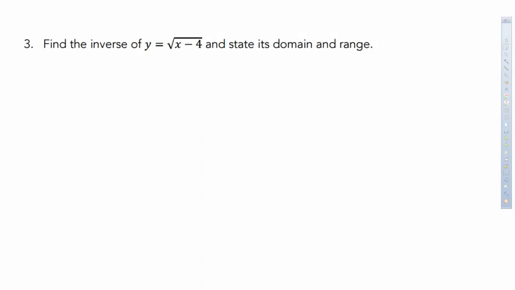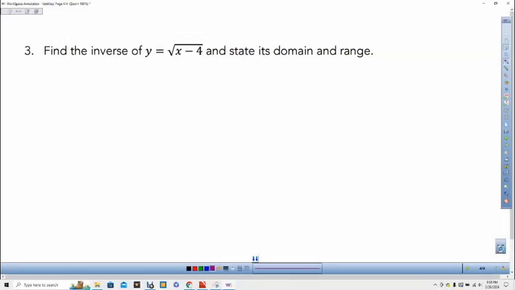All right, so find the inverse of y equals the square root of x minus 4, state its domain and range. Remember, way back when you did the inverse of linear functions, the quickest way to do this is, if this would have been in function notation, write y in for f of x, then swap the x and the y. So x equals the square root of y minus 4.